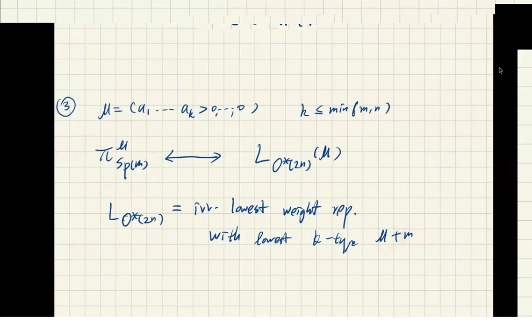Here this m you should understand as 2m divided by 2, because Sp(2m) its complex form is actually Sp(2m, C).